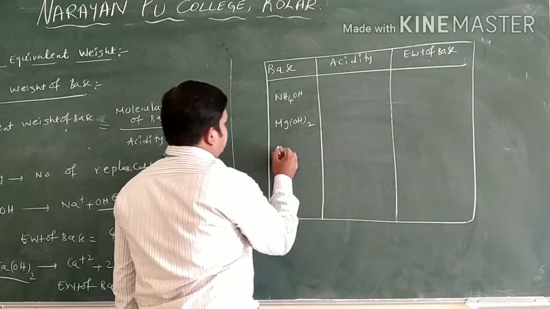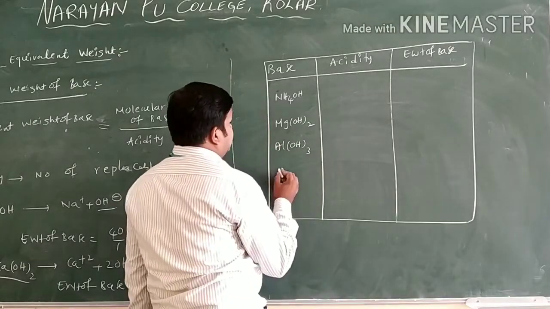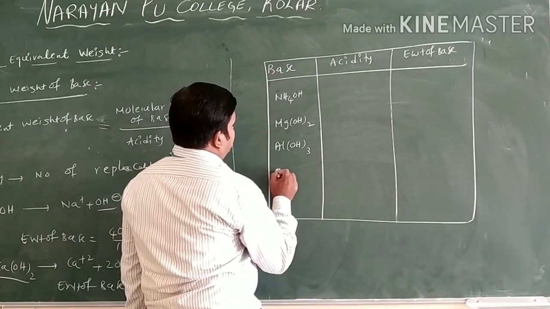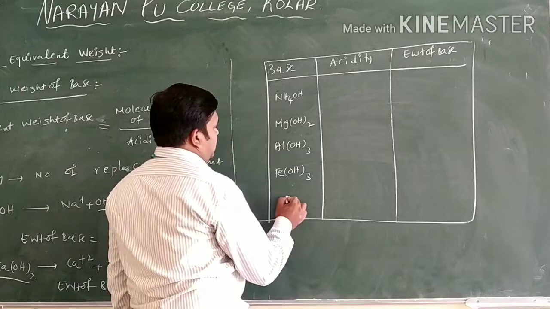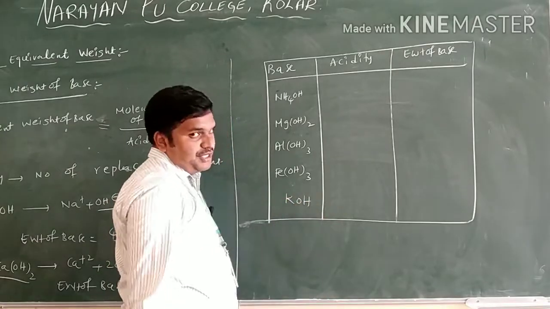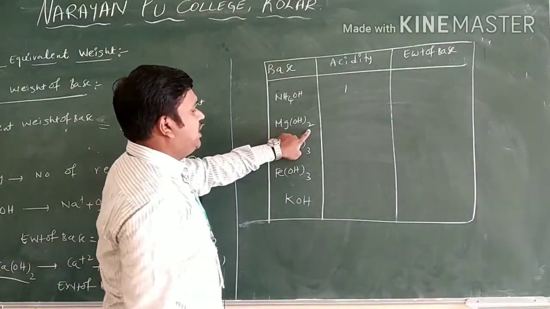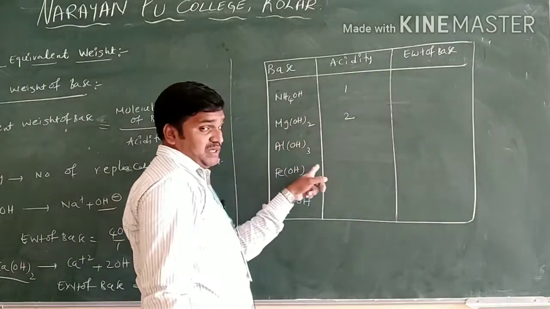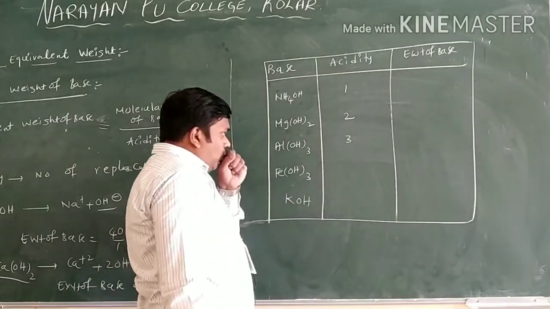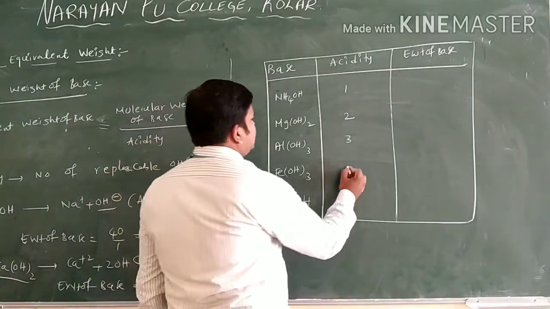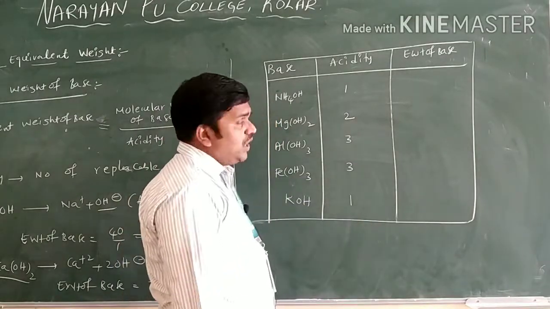NH4OH, Mg(OH)2, Al(OH)3, Fe(OH)3, and you can take potassium hydroxide, KOH. So acidity, how many OH minus will it give? 1 OH minus, and Mg(OH)2 will give 2, because Mg 2 plus and 2 OH minus, and aluminum hydroxide gives 3 OH minus ions. Fe(OH)3 gives also 3 OH minus ions, and KOH gives 1 OH minus ion only.